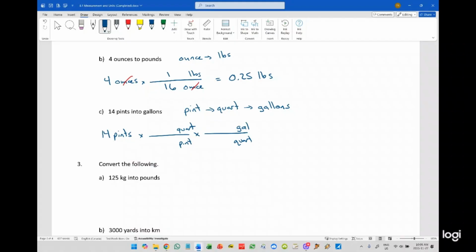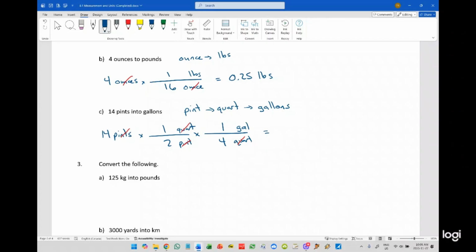And then I look back to my sheet, and it says here that 1 quart is 2 pints, and 1 gallon is 4 quarts. So I can say those cancel and those cancel. And then I'm left with 14 times 1 divided by 2 times 1 divided by 4 gallons.